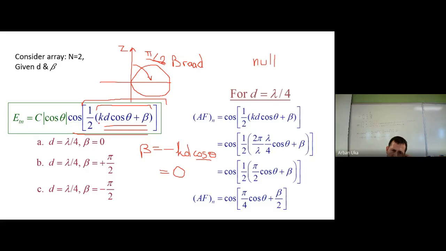In that case, we just have to play with the numbers, and often we have to carefully deal with the kd. D is most of the time described as a function of the wavelength. K is equal to 2 pi divided by lambda.